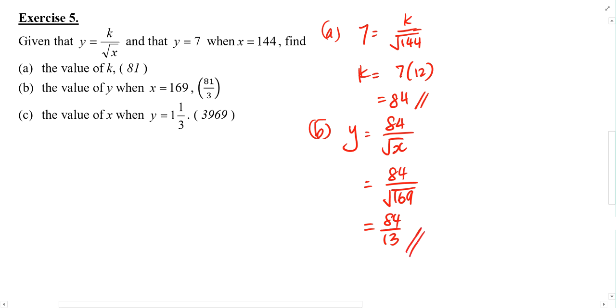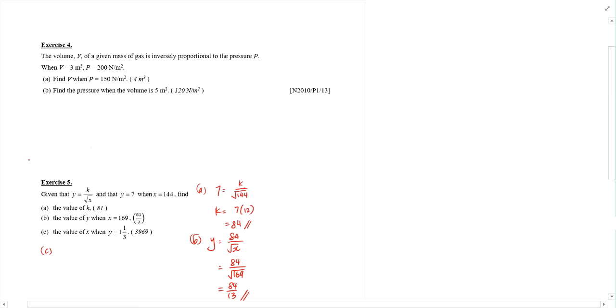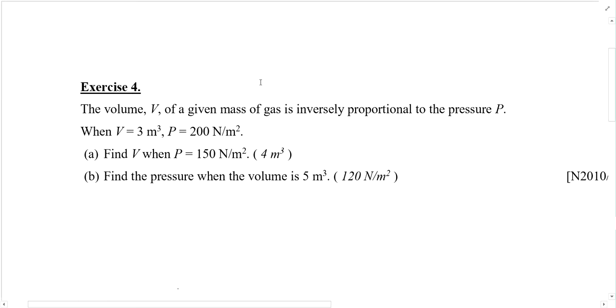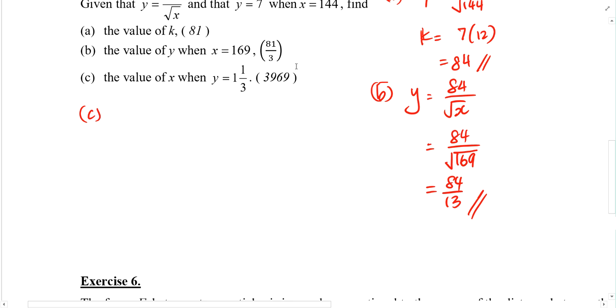So part B, okay? Then part C. Find the value of x when y is 1 and 1/3. So 4 over 3 equals 84 over square root x. 4 square root x equals 84 times 3, which is 252.